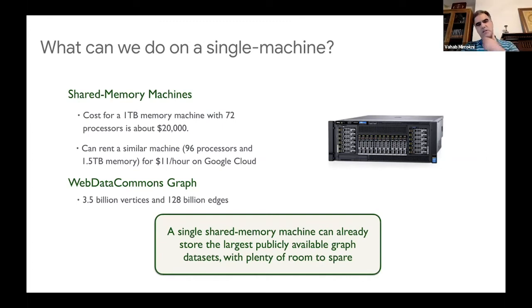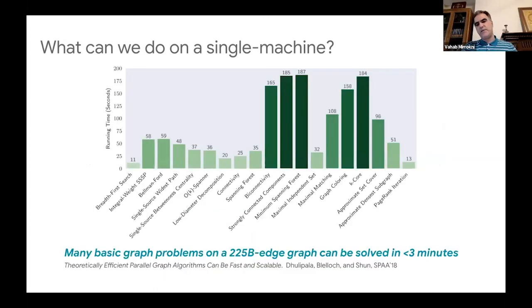This is the reason we think this is very effective, and we have ramped up our algorithmic development in this line of work. Another reason is the paper that Laxman, Guy Blelloch, and Julian wrote a couple of years ago, in which they developed many different algorithms for analyzing big graphs, like 220 billion edges, on a single machine very effectively.